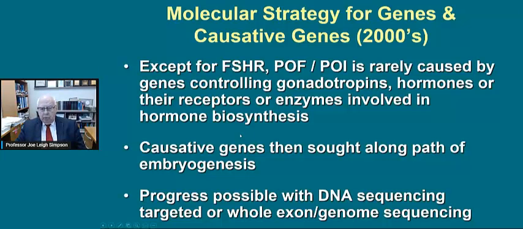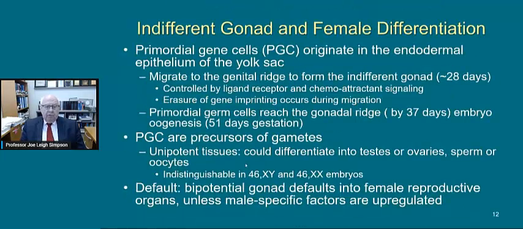So the next step was to look for these causative genes along the pathway of embryogenesis. And we would take advantage, as I've just mentioned, of the fact that DNA sequencing technologies exist and they could be targeted. So the logical thing to do is to go back and look at our embryology.